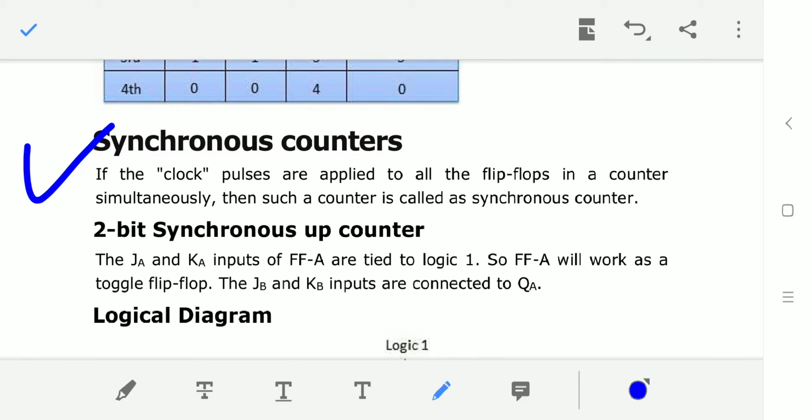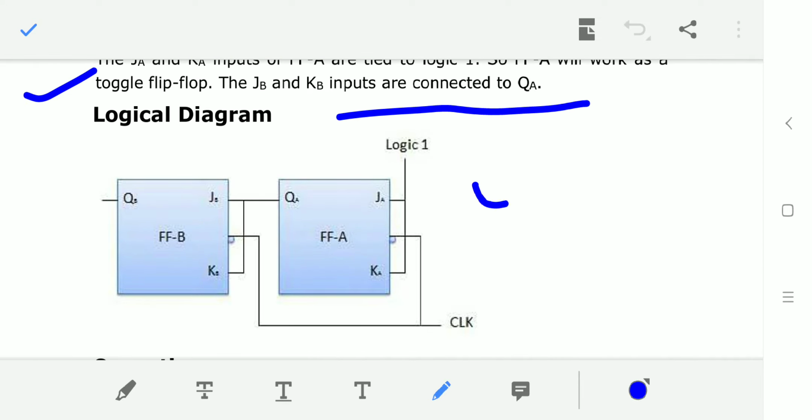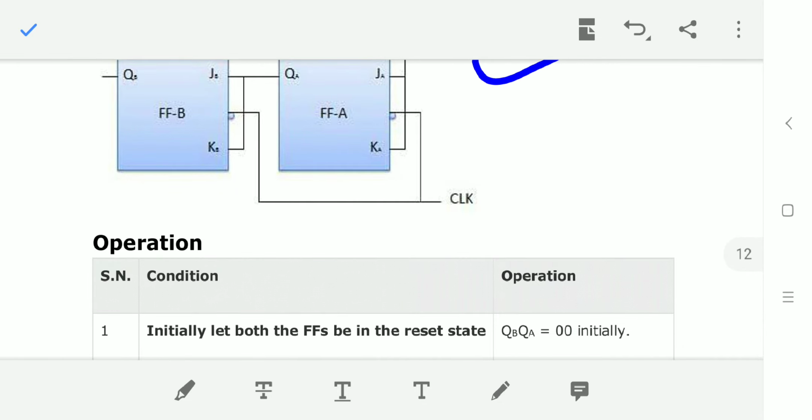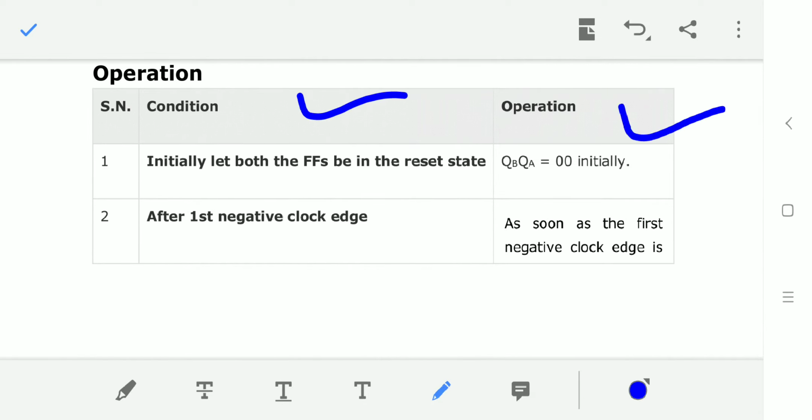So FFA will work as a toggle flip-flop. The JB and KB inputs are connected to QA. This is the logic diagram. These are the conditions and operations.